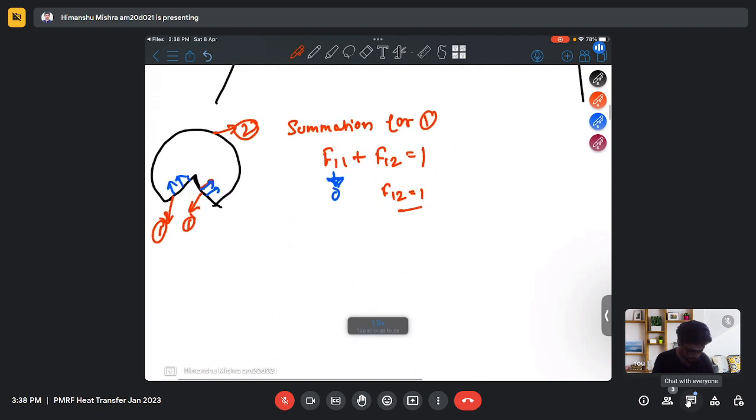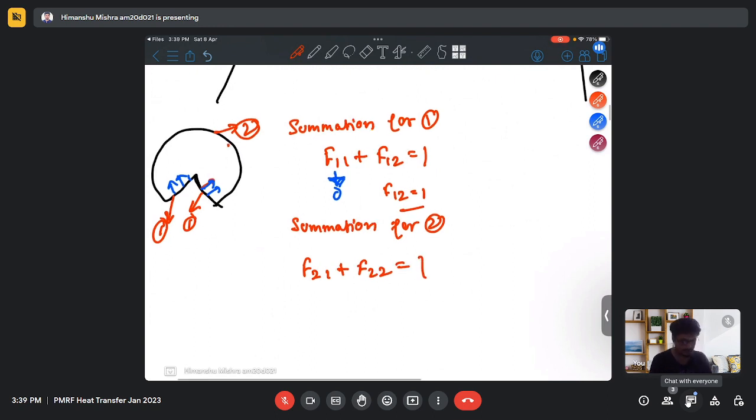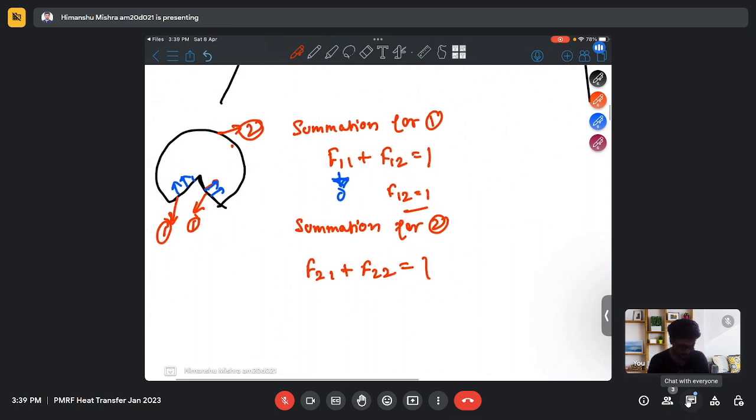Now again you use the summation rule for surface 2, which is F21 plus F22 equals 1. Now here the radiation emitted from surface 2 can fall on the same surface, which means that this F22 is not equal to 0.